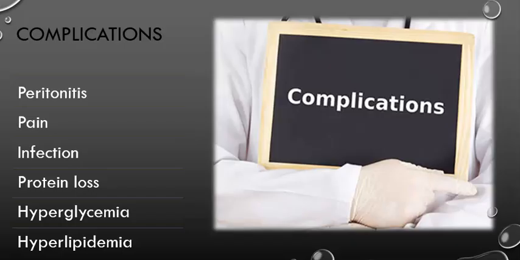Some complications. Peritonitis is a major problem caused by connection site contamination. You want to use a sterile procedure to prevent those infections. Pain during inflow is common, so if you can warm the dialysate, that's a big help.